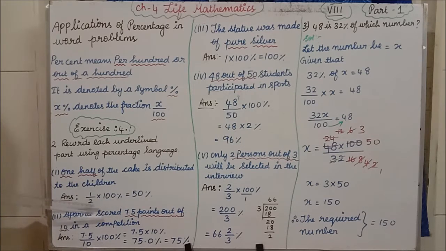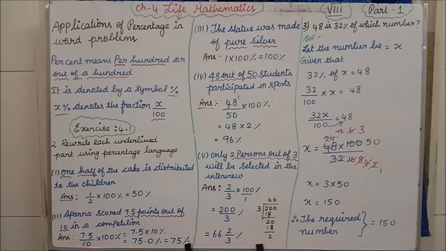If I cancel, 2 fifties are 100, so 1 times 50 is 50 percentage. So 50 percentage of the cake is distributed to the children. This is the percentage language.